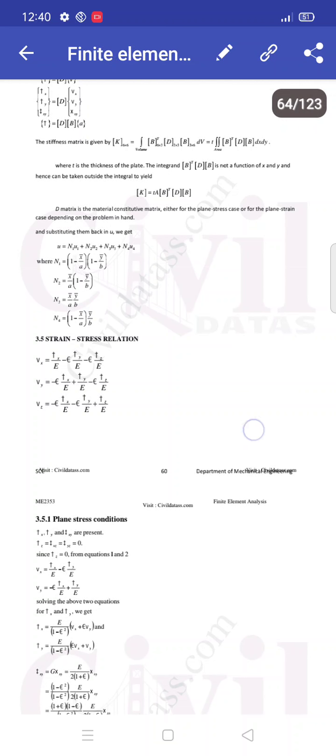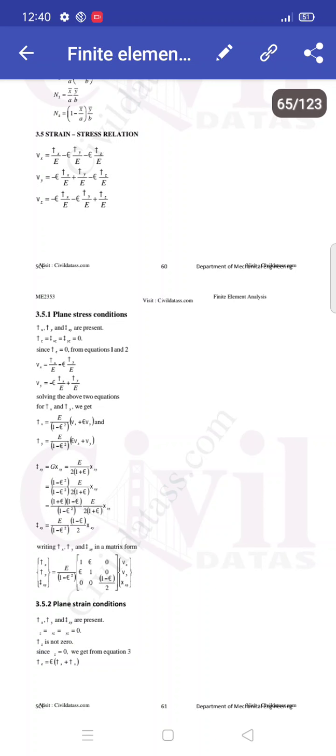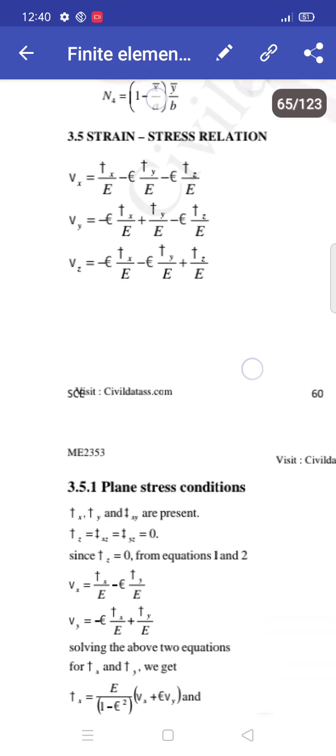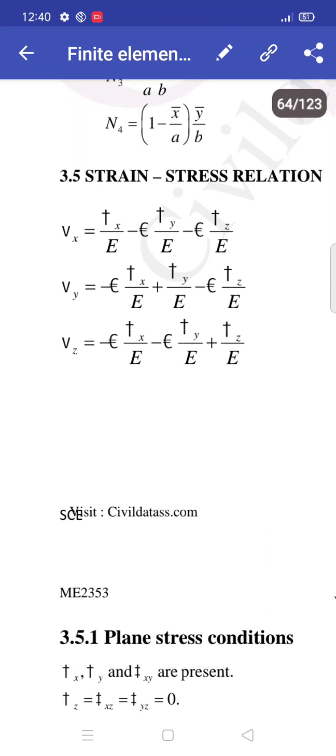So epsilon y is equal to minus nu sigma x by E plus sigma y by E minus nu sigma z by E. So epsilon z is equal to minus nu sigma x by E minus nu sigma y by E plus sigma z by E.